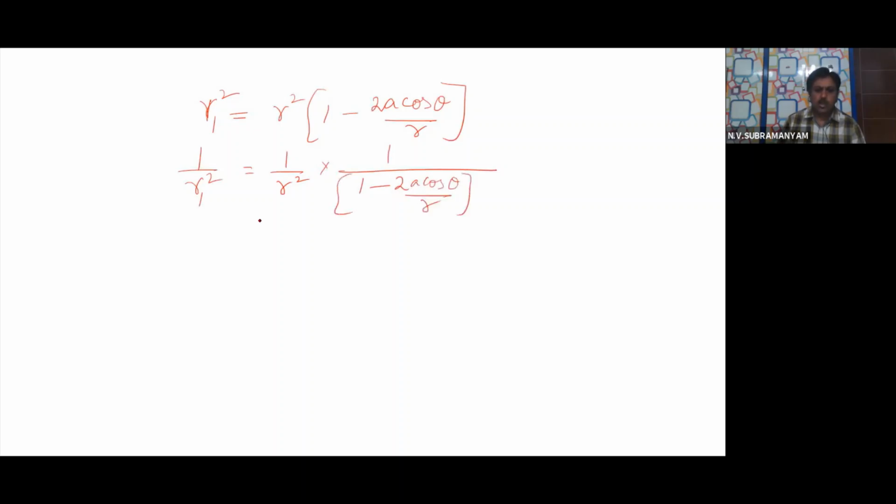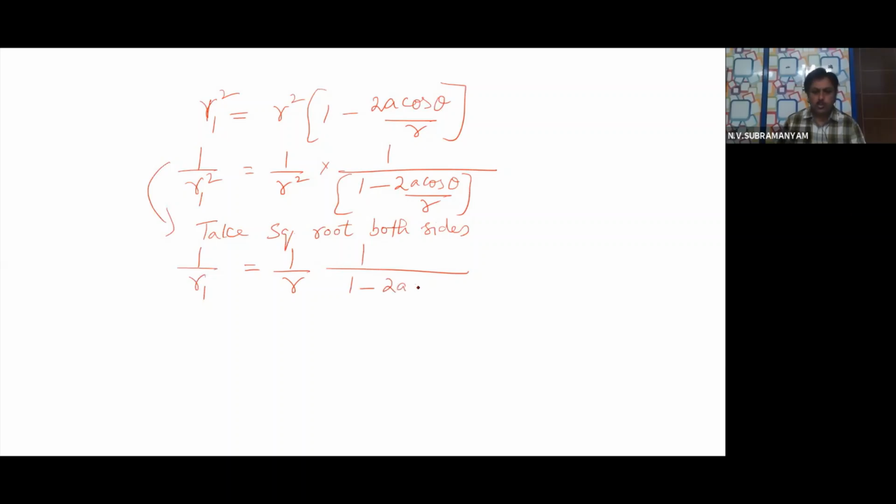Now take the square root on both sides. If you take the square root on both sides, for this one what is the square root? 1 by r1. For this one what is the square root? 1 by r. And for this one what is the square root?